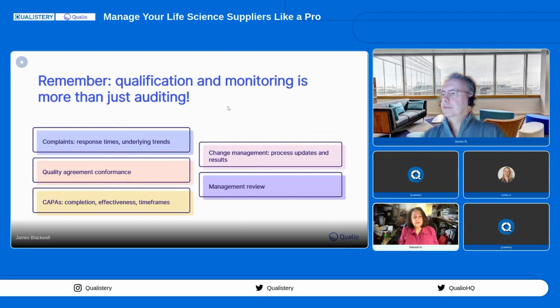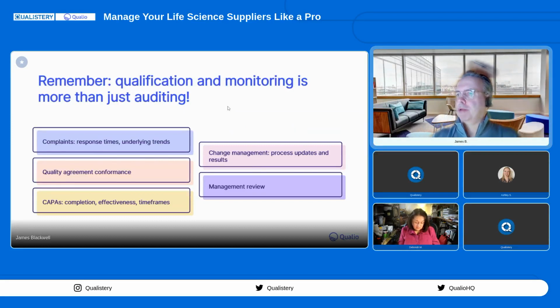If it has to do with delivery times or if it has to do with QC of the product, you want to make sure that you can capture all of that and start a folder on each supplier so that you can monitor them and, if necessary, speed up your on-site audit, or at the end of the year, you just do a review and say, yep, we're good. We don't have to make any changes. And of course, any changes that they've made throughout the year, any deviations, all of that goes into that folder. And again, you need your own systems to be monitoring this and capturing this information.